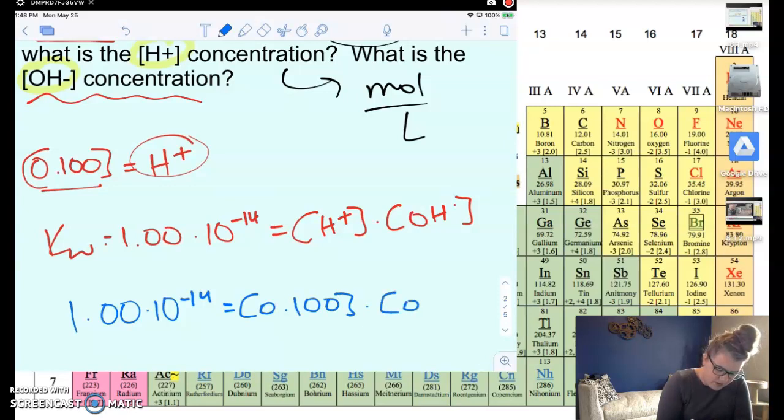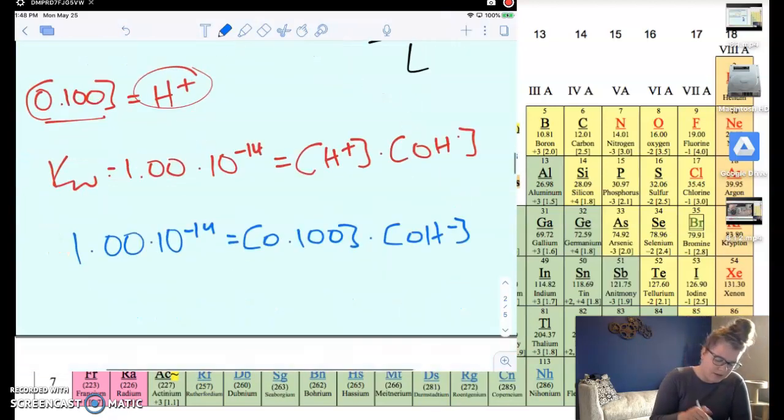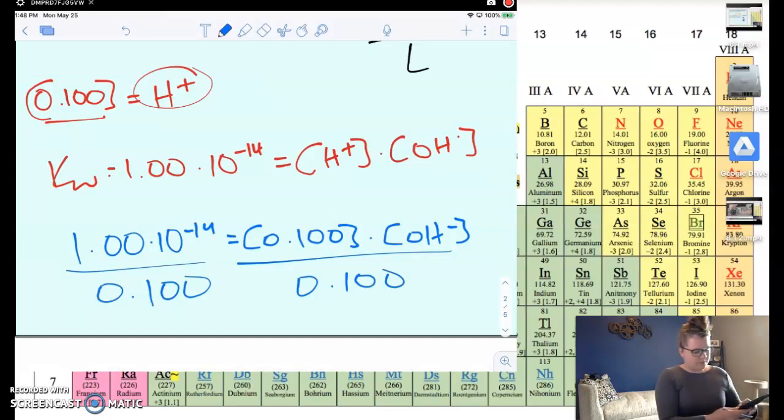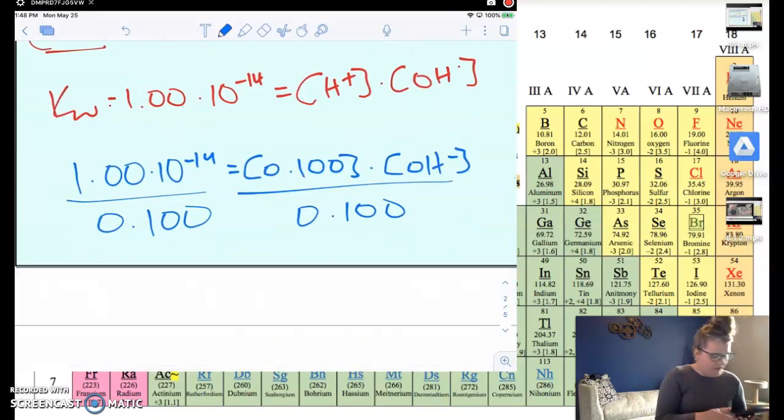Well, I can then solve for the concentration of the hydroxide ions. So if you divide by 0.100 on either side, 1.00 times 10 to the negative 14th divided by 0.100. Oop, it'd help if I typed that in correctly. Hang on.